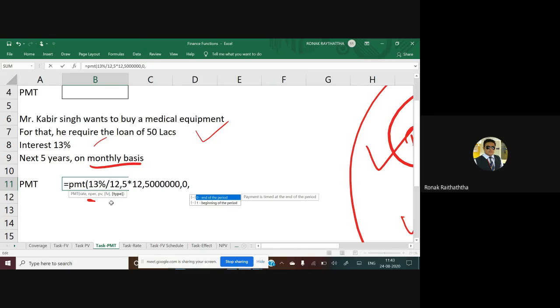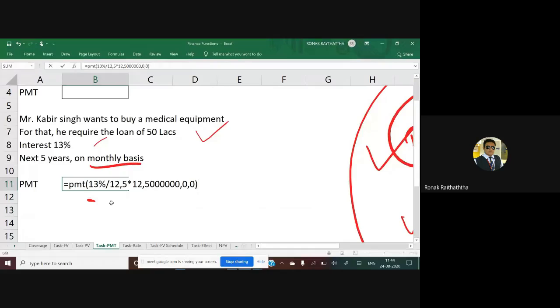Now, this amount of installment on the loan which you have taken, are you supposed to pay it at the beginning of the month or at the end of the month? So if no information is given to you, you assume it is ordinary. And in case of an ordinary, we put 0 at the end of the period.